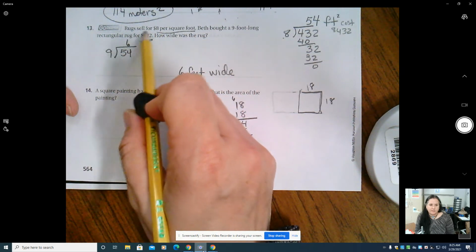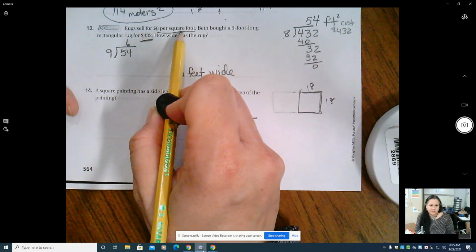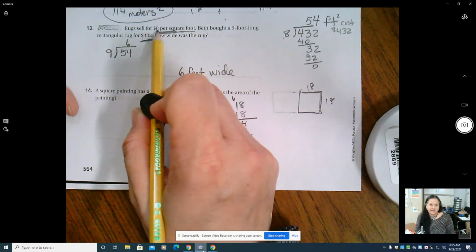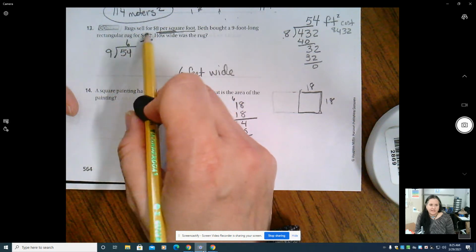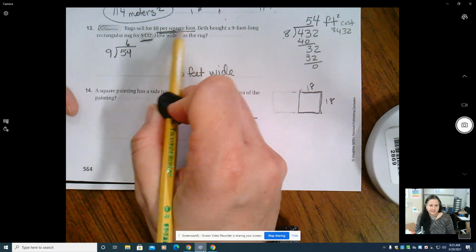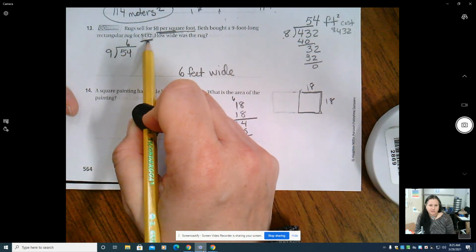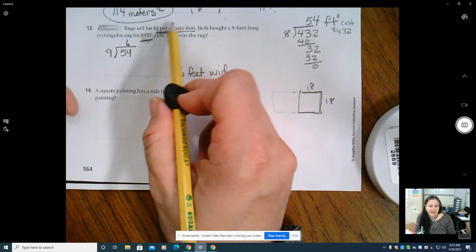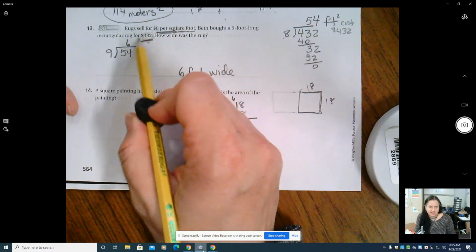So if I divide the price by the square footage, right? If I divide this, well, this is not the square footage. We're trying to find the square footage. So if I divide the price by $8 per square foot, that will give me how many square feet I have, right? Because 8 times my square footage is going to give me this number.